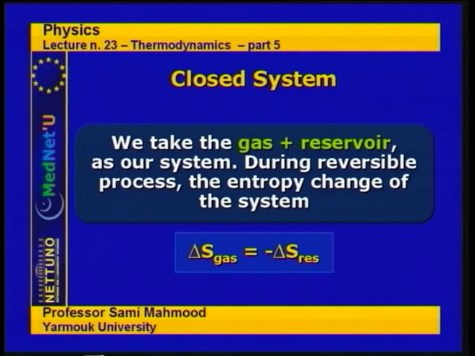So if we take the total system together, the change in entropy for the gas is negative Q over T, and that for the reservoir is positive Q over T. So if we take delta S for the total system, delta S will be 0. And the same is in the case of expansion.